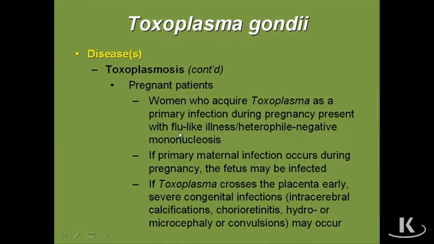Women who acquire toxoplasma as a primary infection during pregnancy risk it crossing the placenta. And they can get, again, a flu-like illness. We might call it heterophile negative mononucleosis. And if it's a primary infection that she acquires during pregnancy, the fetus can be infected.